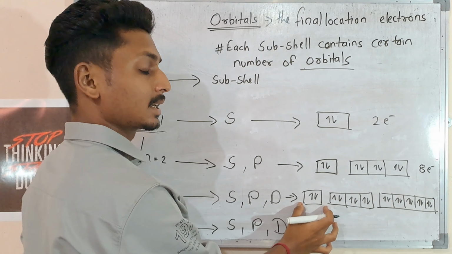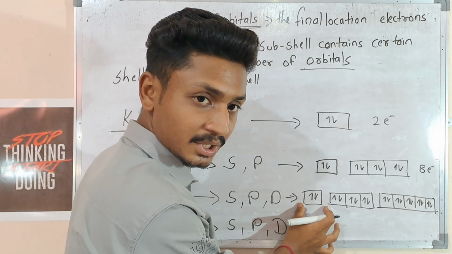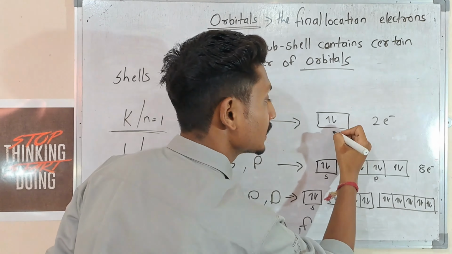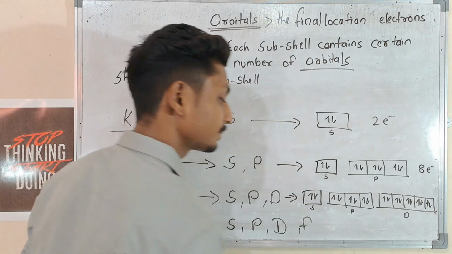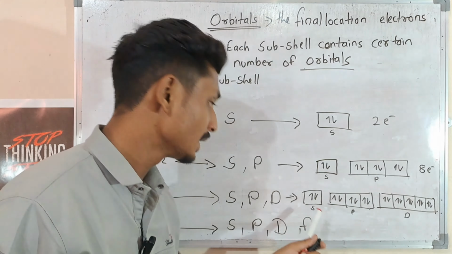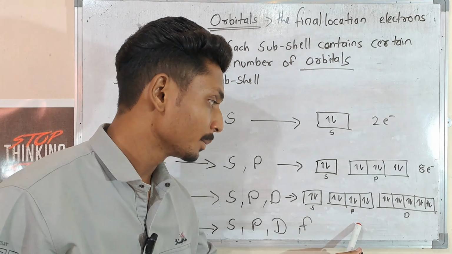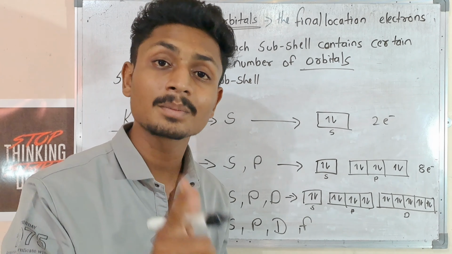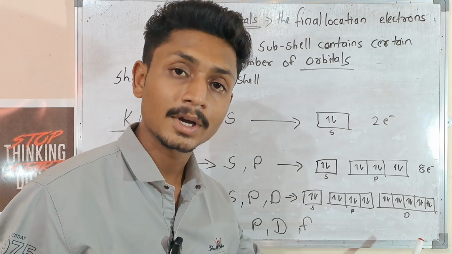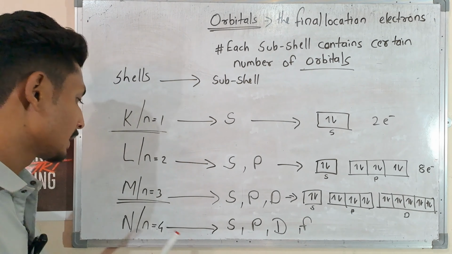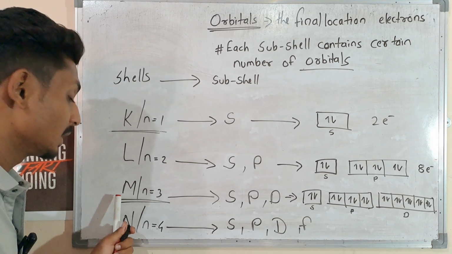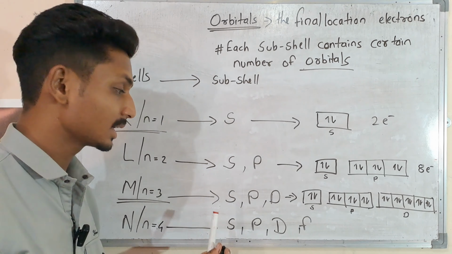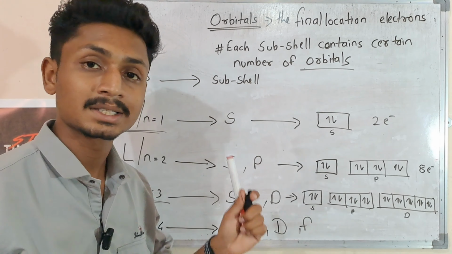S is a subshell containing one orbit. P is a subshell containing three orbits. D is a subshell containing five orbits. And the M shell or third energy level contains three subshells.